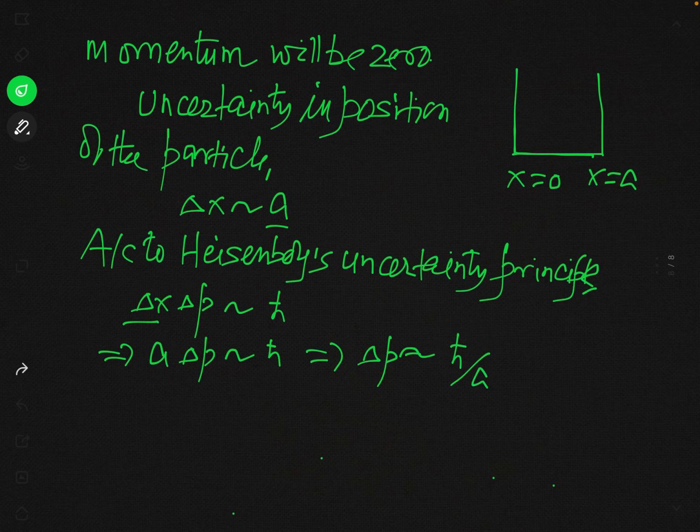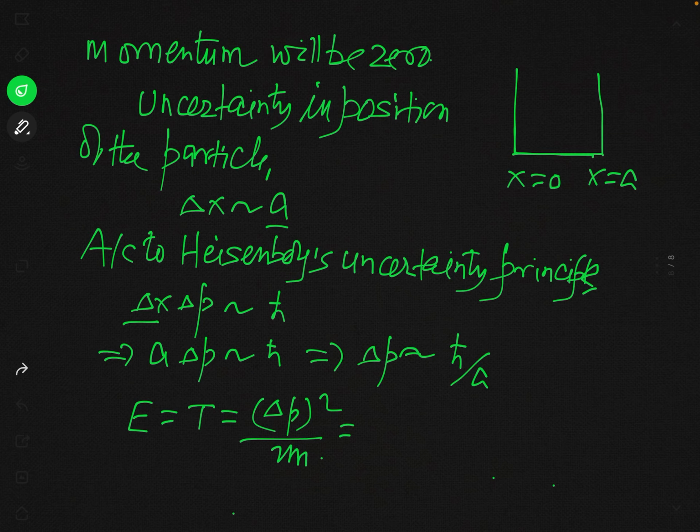Now, as the minimum energy of the particle will be its kinetic energy, because potential energy in this case is 0, the total energy is equal to kinetic energy. So E will be equal to T, the kinetic energy, and this will be equal to delta P square over 2m.